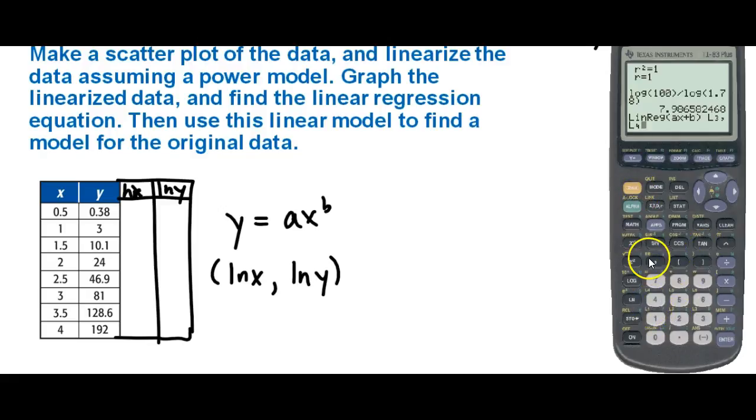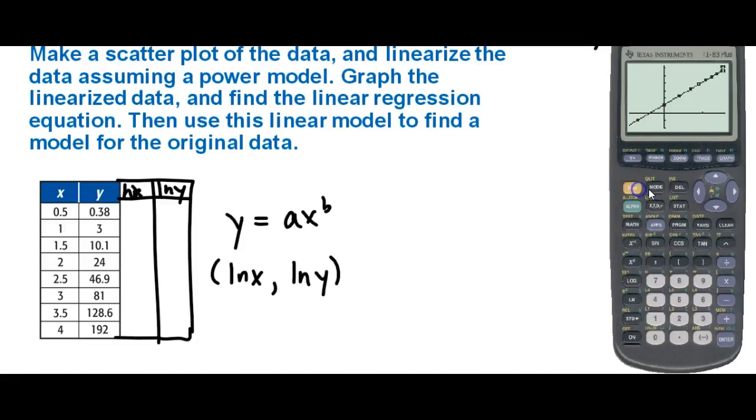We might as well just put it into our y value as well. So we get a 0.999 correlation. And if we look at our graph, you can see that line goes right through those linearized data points.